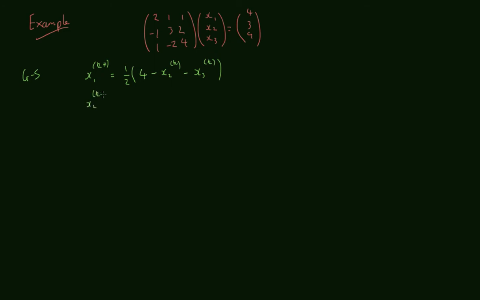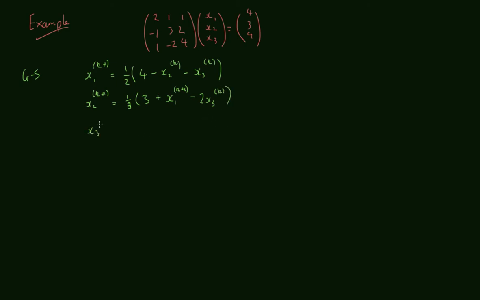For x2, our improved estimate is 1 over 3, times b2, which is 3, minus 1, so that's plus x1. Now, if we calculate x1 and move to x2, we've already got a new value for x1, so we might as well use that. Then minus 2 lots of x3, but we haven't yet calculated x3, so I still use the kth value.